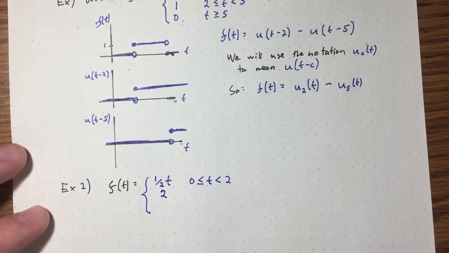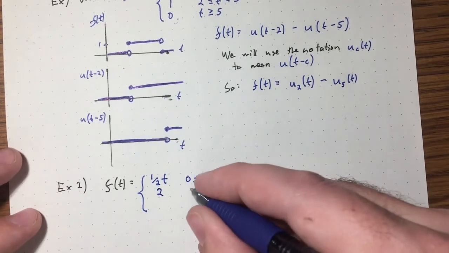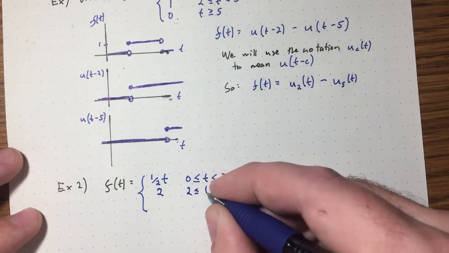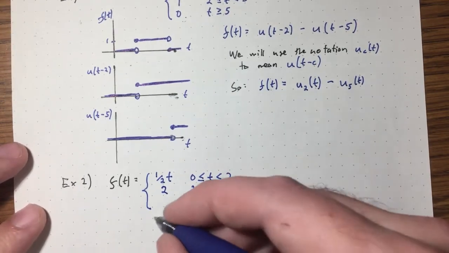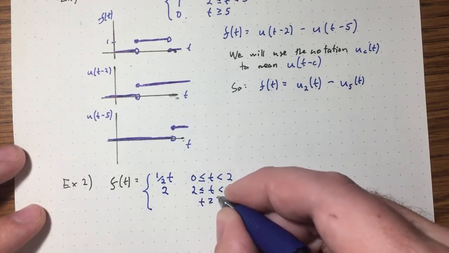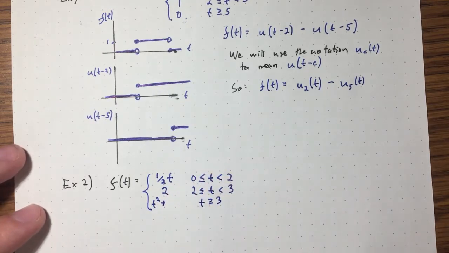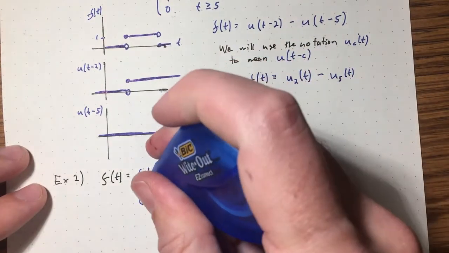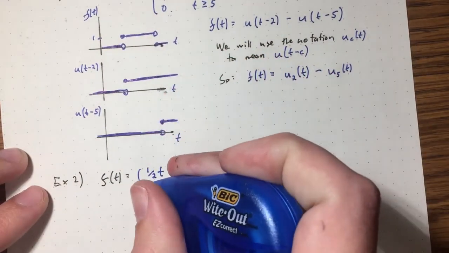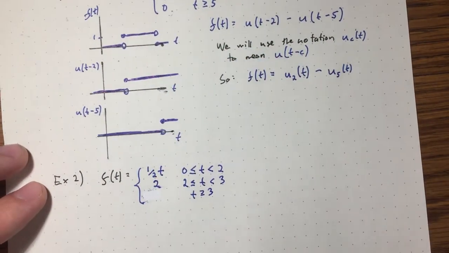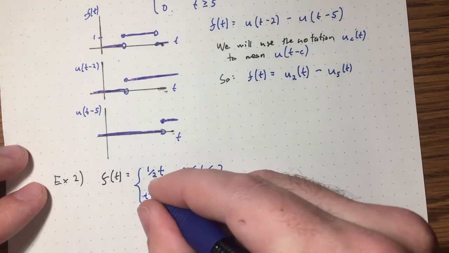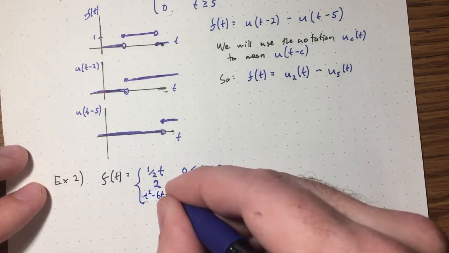Then we'll just have the constant function 2, from t equals 2 to 3. And then for t greater or equal to 3, let's do something complicated. Let's have a parabola. So t squared minus 6t plus 10.